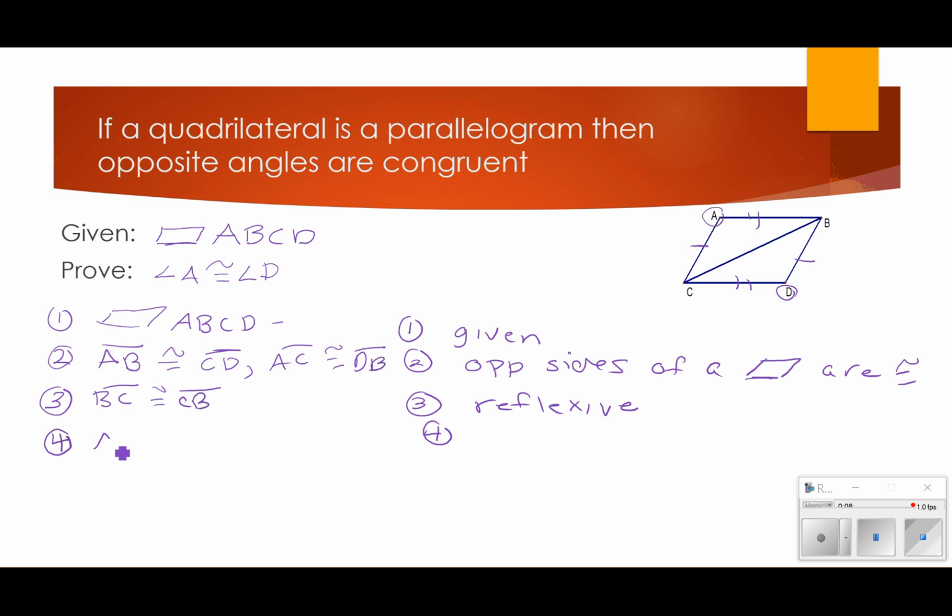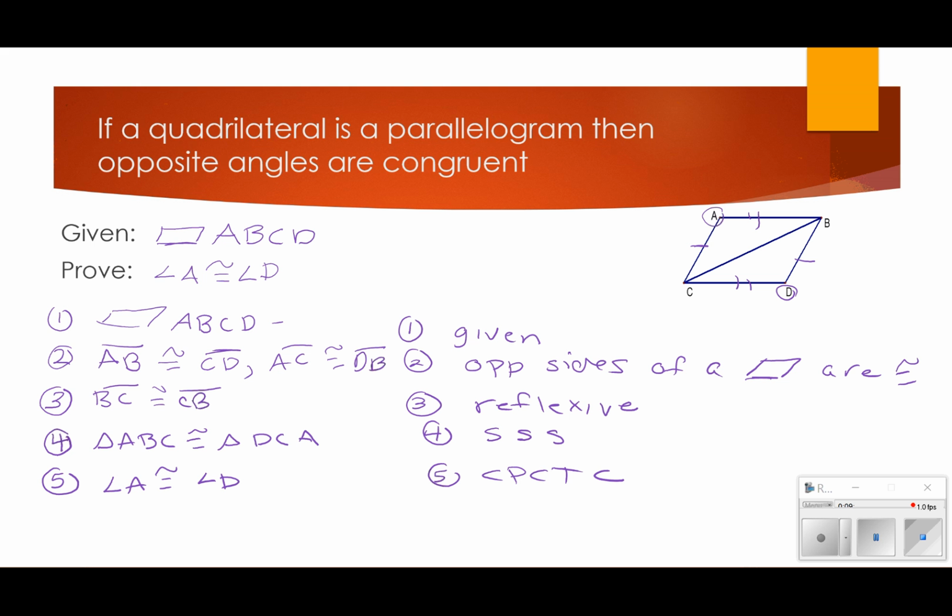So triangle ABC is congruent to triangle DCA by side, side, side. And if you didn't know where you're going, I surely hope you know where I'm going now. Angle A is congruent to angle D by our favorite theorem, CPCTC.